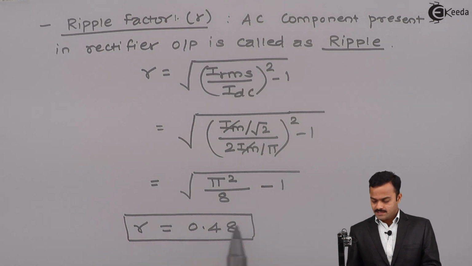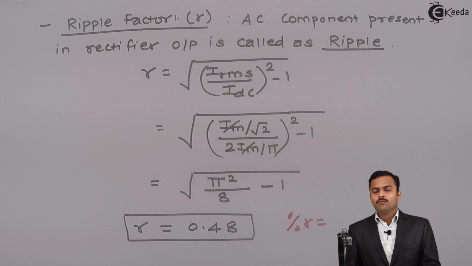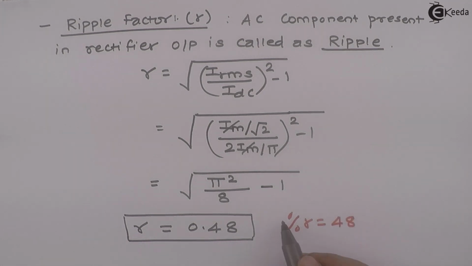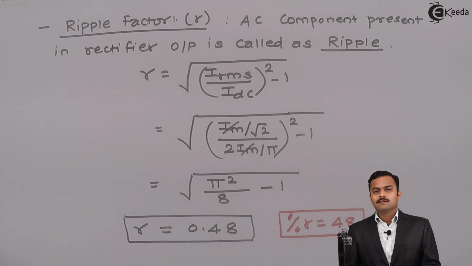In percentage, percent ripple present in full wave rectifier output is 48, which is lower than that of half wave rectifier where it is 121%. So, from 121% we have reduced our ripple factor to 48% in full wave rectifier.